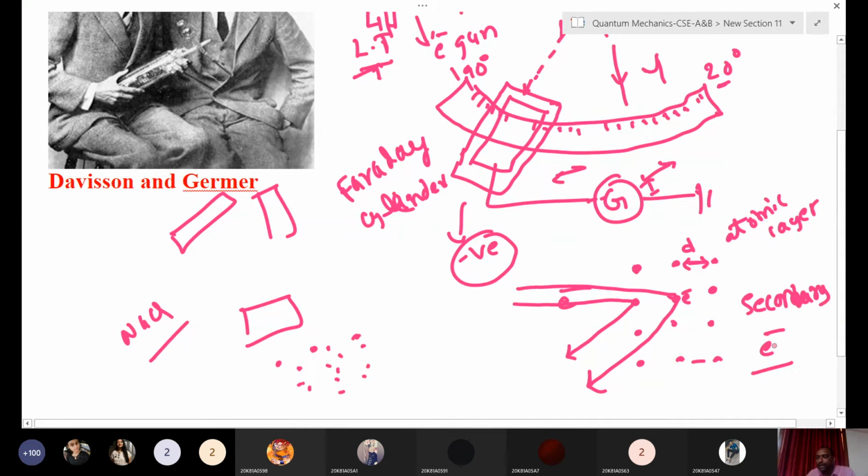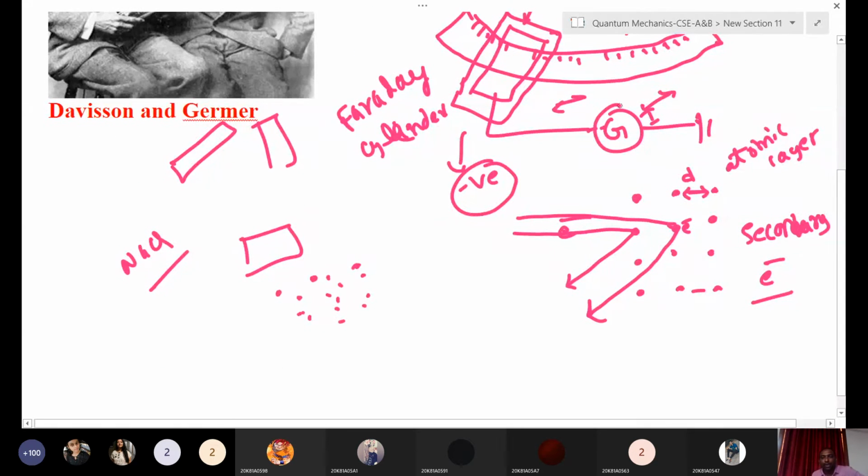What is meant by secondary electrons? Suppose you are incident with high energy electrons on the nickel crystal, and these ejected another electron from the nickel crystal. That is a secondary electron. We only want to collect the electrons ejected from the gun, not from the nickel crystal.